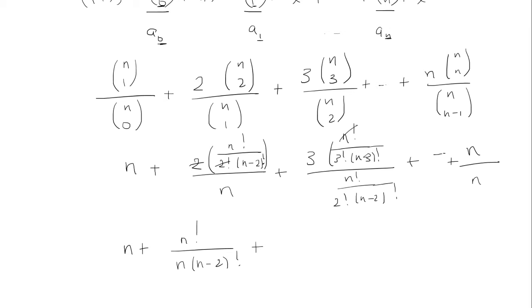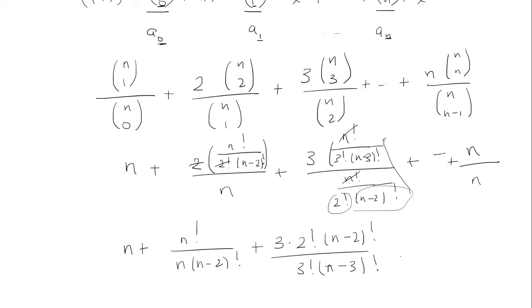Let's see, the n factorials are going to cancel. The n minus 2 factorial is going to come up at the top. So I have 3 times 2 factorial times n minus 2 factorial over 3 factorial and times n minus 3 factorial, all the way up to 1.